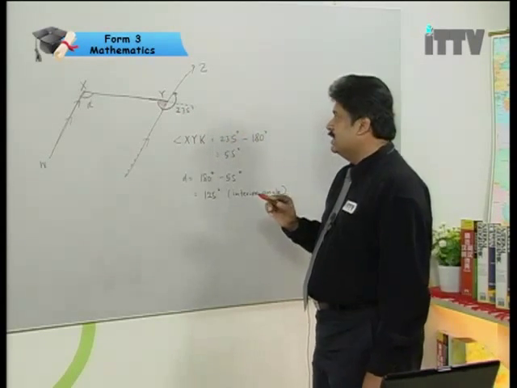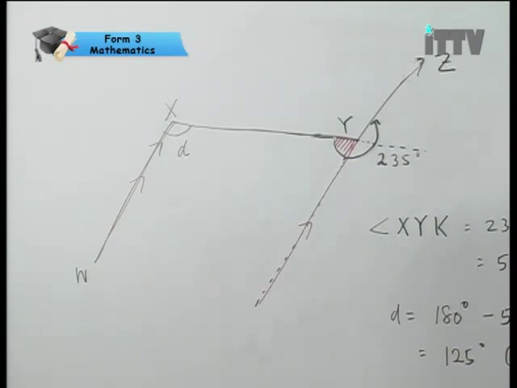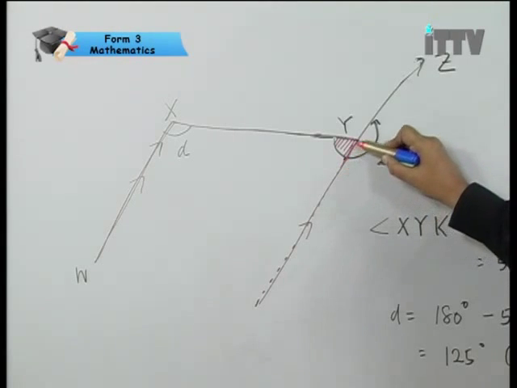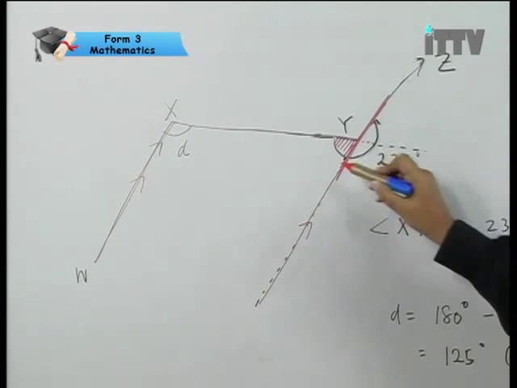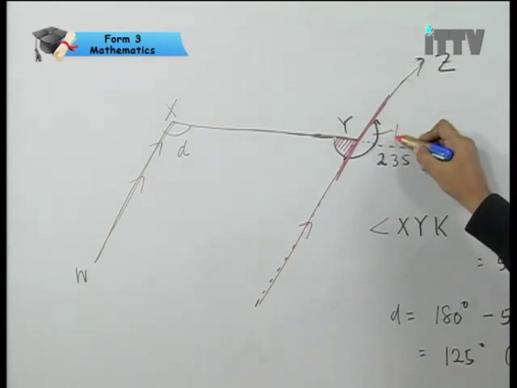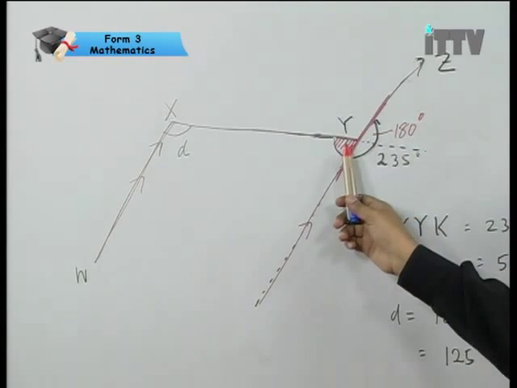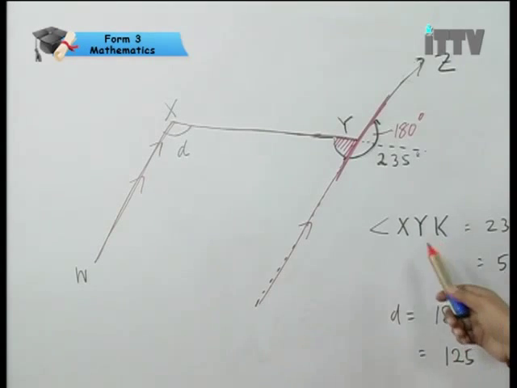Since the whole angle is 235 and I know this line is a straight line, I know that on a straight line, the sum of angles would be 180 degrees. So in order to find the remainder, I create an angle XYK.